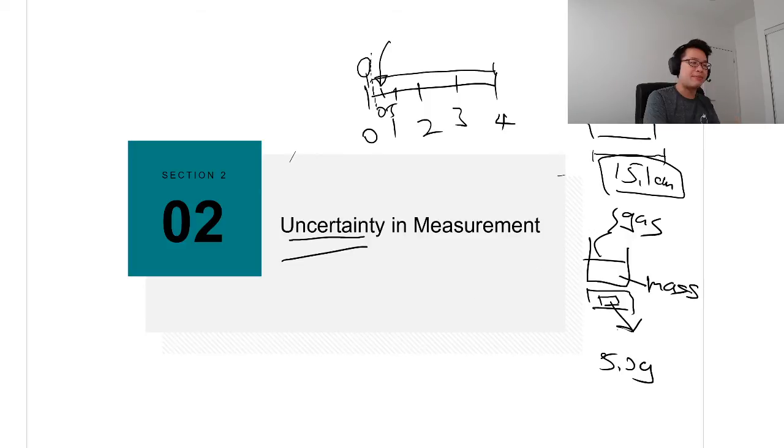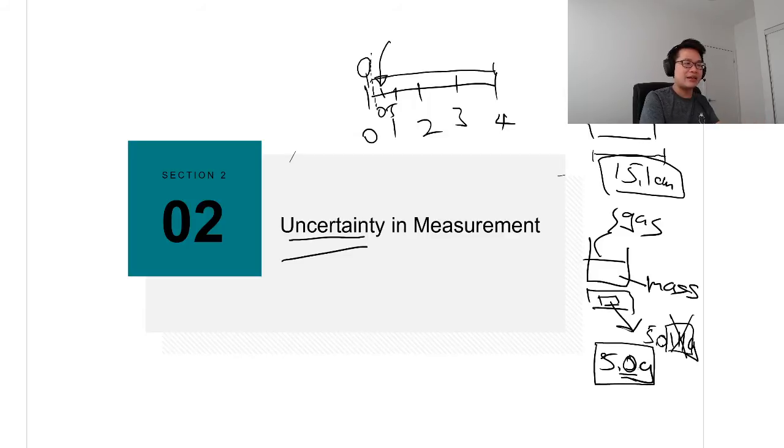And the same thing happens for other equipment, for example, the mass over here. Assume your balance can only give up to two decimal places, and assume you have godlike power and you know that the mass is 5.01119 gram, but this is what your balance gives you. Your balance cannot give you any more information beyond the second decimal place. So that information will be lost.